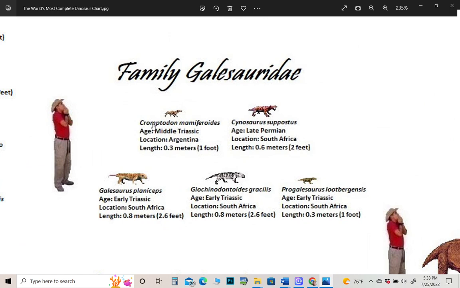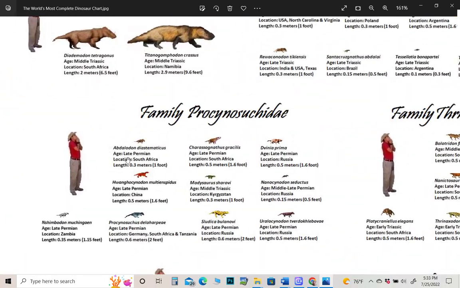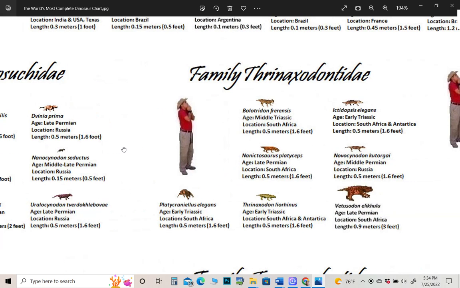The Gyrosaurs: Cromptodon, Sinosaurus, Gyrosaurus, Glaucinodontoides, Progalosaurus. We have down here Prosinosuchids: Abdalodon, Chirasognathus, Divinia, Hoengocynodon, Madisaurus, Nanosynodon, Ischimbodon, Prosinosuchus, Sludica, Uralocynodon.